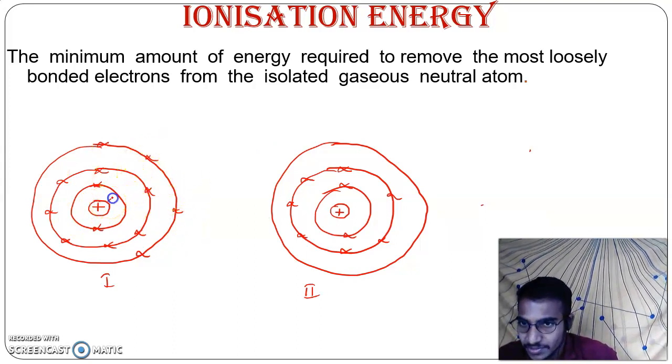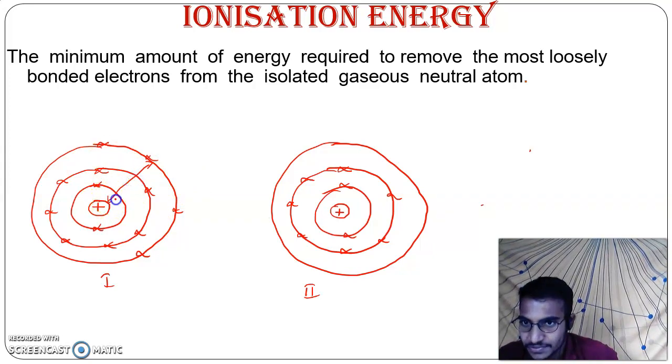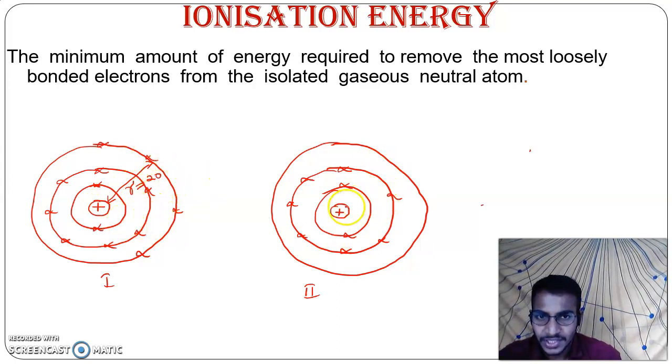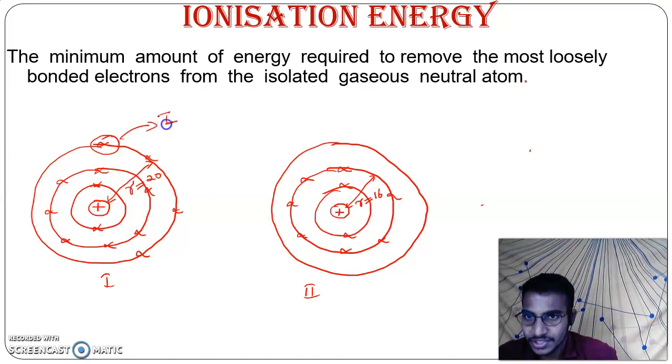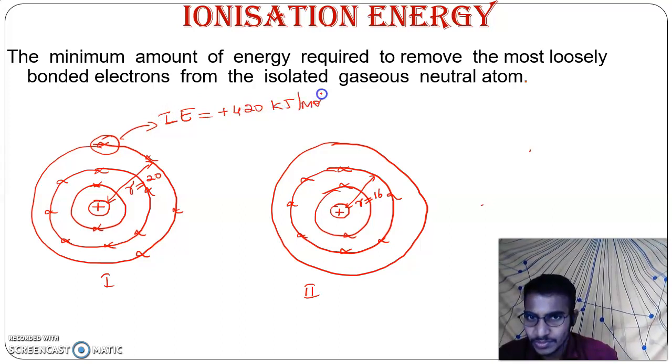I'll take an example. Let the radius be 20 from this nucleus to the outermost shell. Here the radius is 16. So to remove an electron from here, we require ionization energy of plus 420 kilojoule per mole.